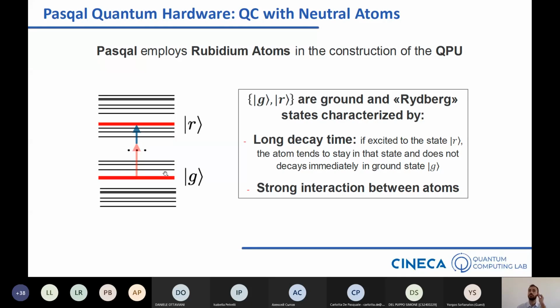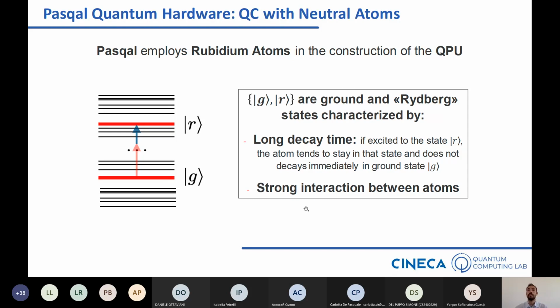And then there is some strong interaction between atoms, which means that if you want to perform quantum computation, you have to enable entanglement between atoms, and so superposition of multiple atoms, or multiple qubits, and you can do that by making the atoms interact with each other.